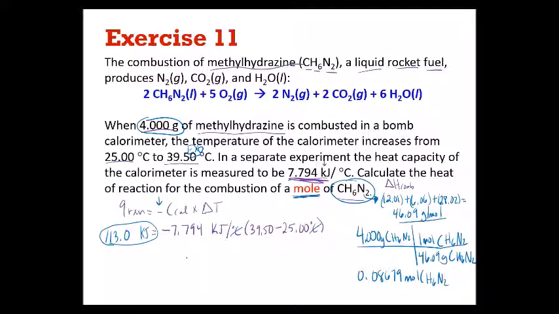Now I can do my Q reaction divided by my moles, and that's going to give me my delta H reaction. So let's plug that in. We get 113 divided by 0.08679.